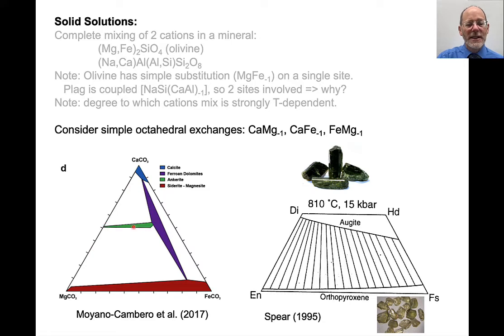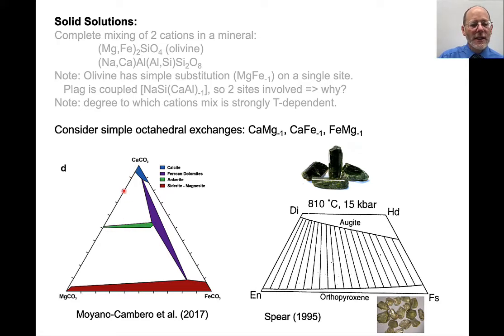It has extensive solid solution with respect to iron and magnesium. This composition here is called ankerite. Calcite sits up here, and this purple field is actually a field where no carbonates are stable. If you have a bulk composition that sits in this region, it would consist of three different carbonates: ankerite, calcite, and siderite. Okay, so what we see is there's extensive solid solution in the iron-magnesium system.